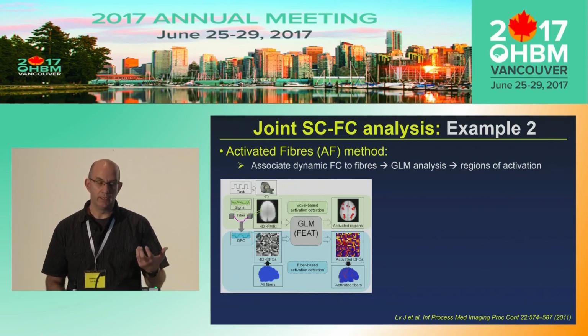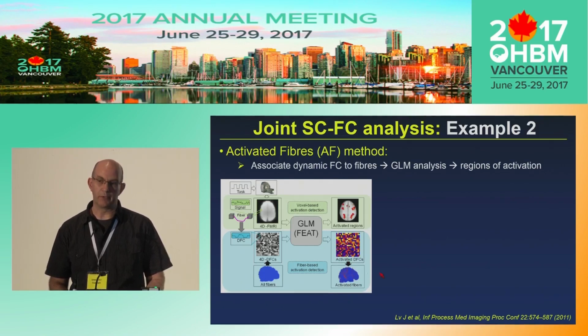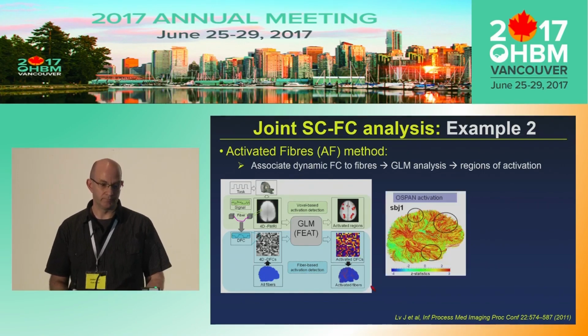And in this case the voxels correspond to fibers, so you can map them back to which fibers in the brain are the ones that are activated. For example, this one was a working memory paradigm that we're using, and they found which fibers were the ones activated with this approach.